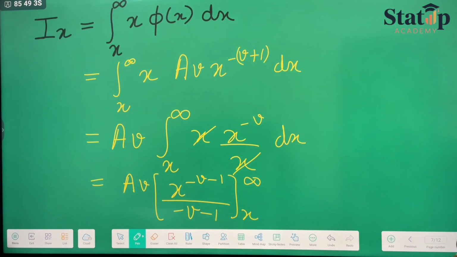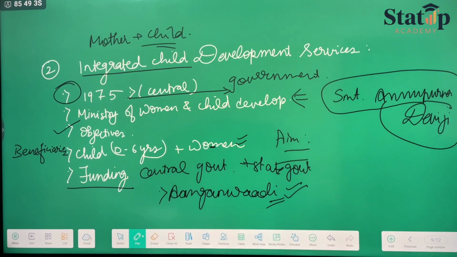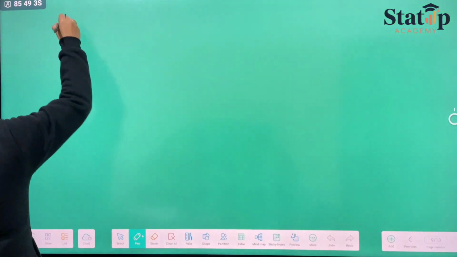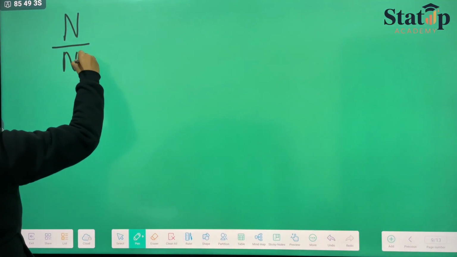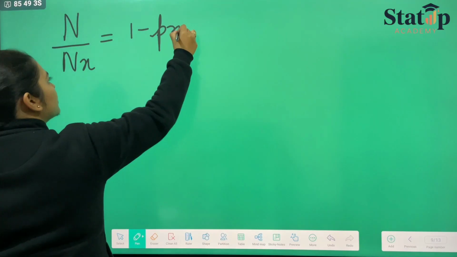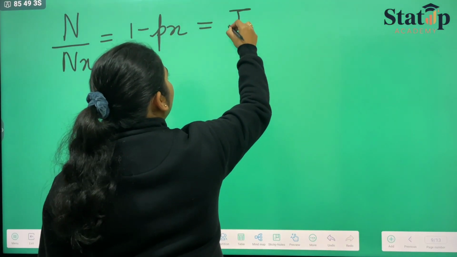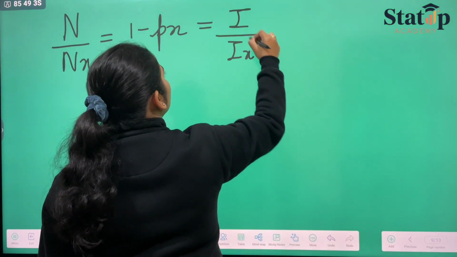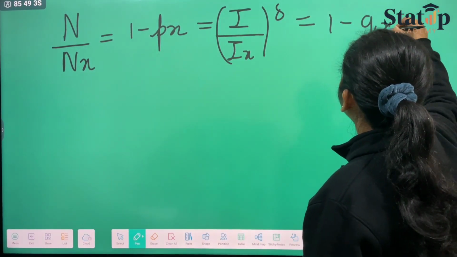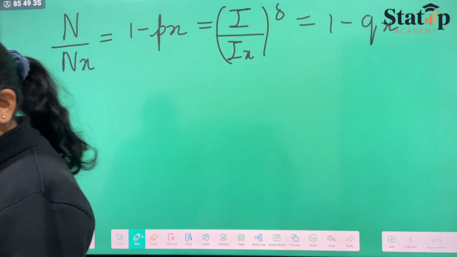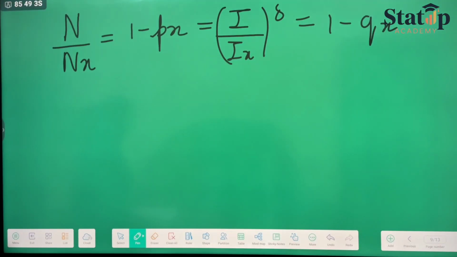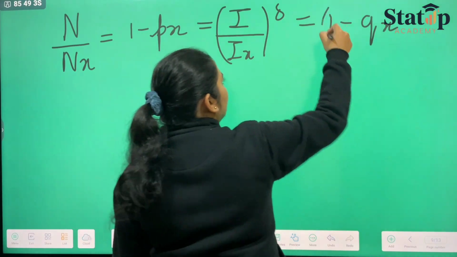we will be getting our values as n upon nx should be equal to 1 minus px should be equal to I upon Ix raised to the power delta should be equal to 1 minus qx raised to the power delta.